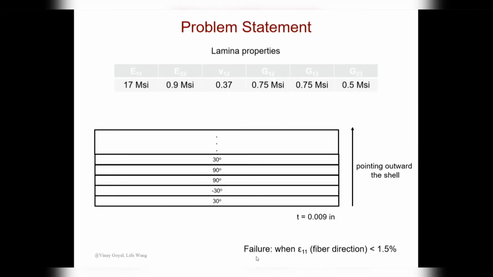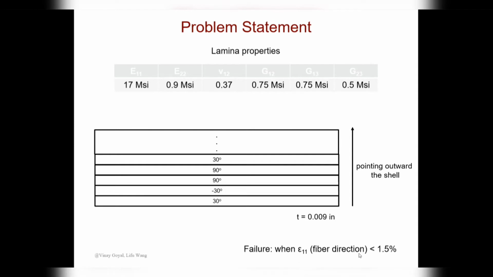And according to the experimental result, the failure happens when the longitudinal strain in your fiber direction is greater than or equal to 1.5%.